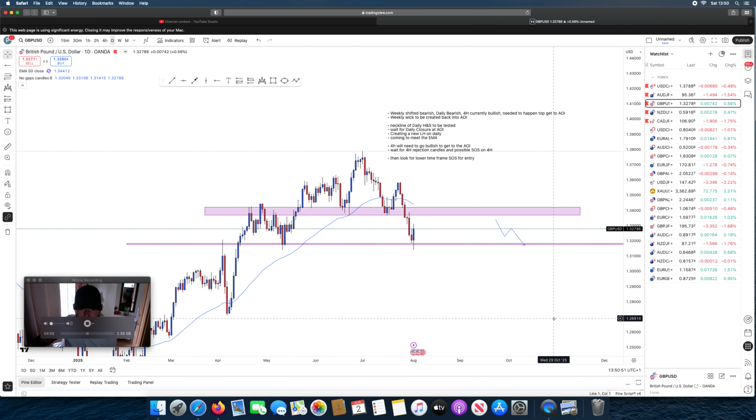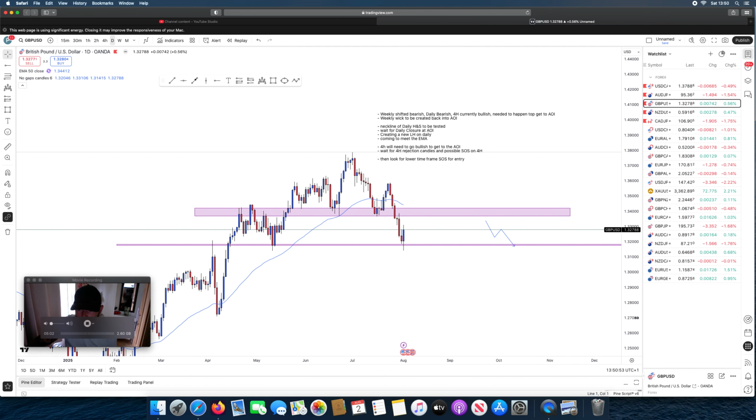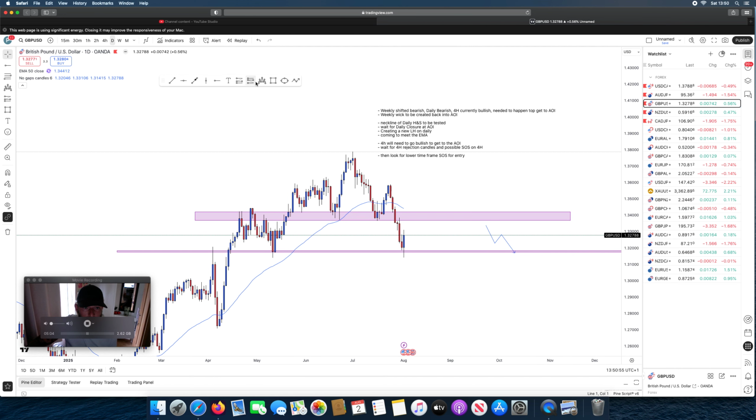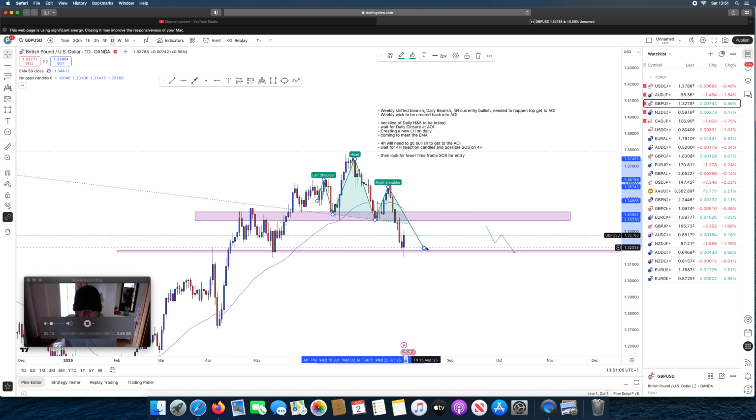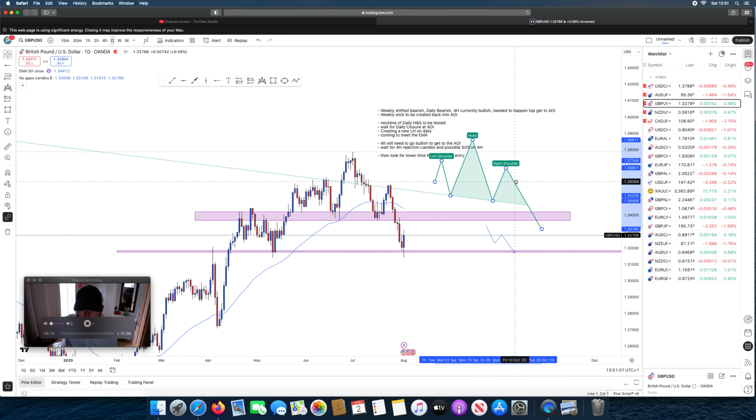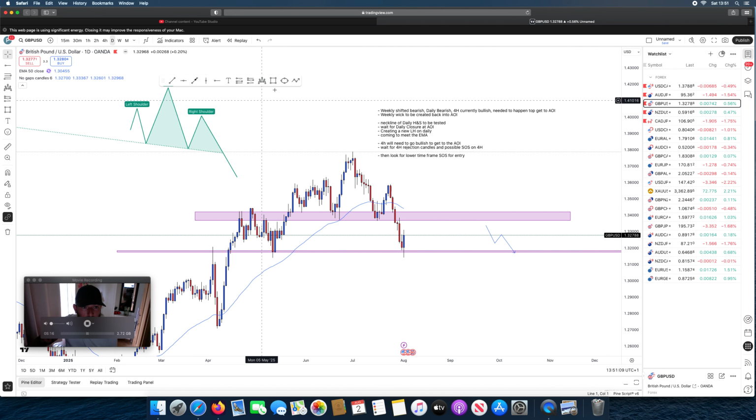On the daily, again, we've got this lovely head and shoulders pattern: left shoulder, head, right shoulder. Obviously looking for a retest of this neckline.